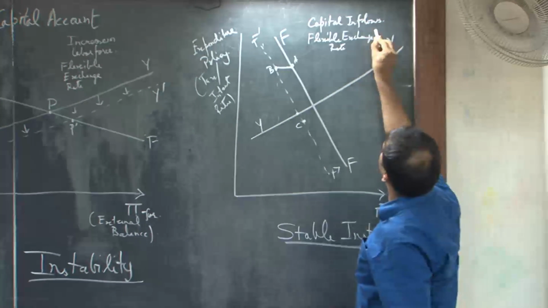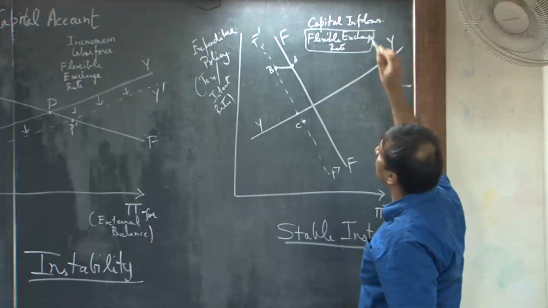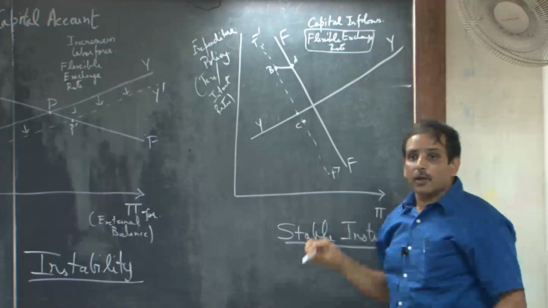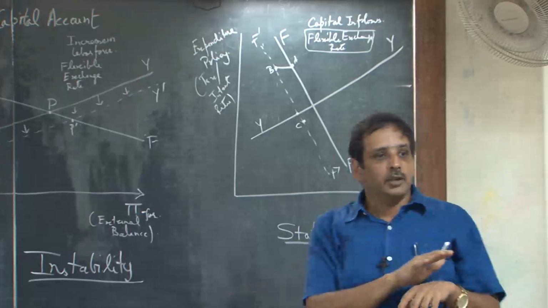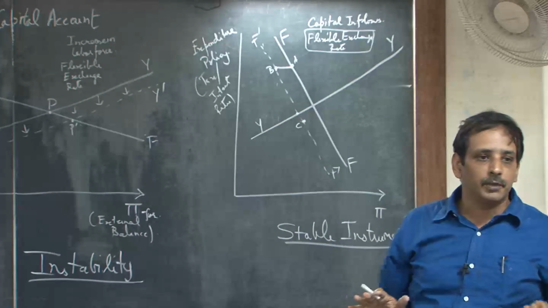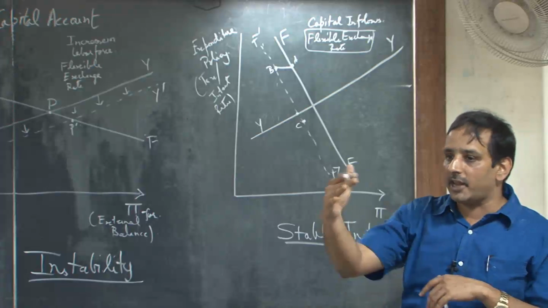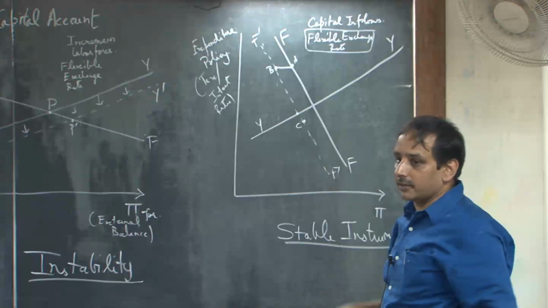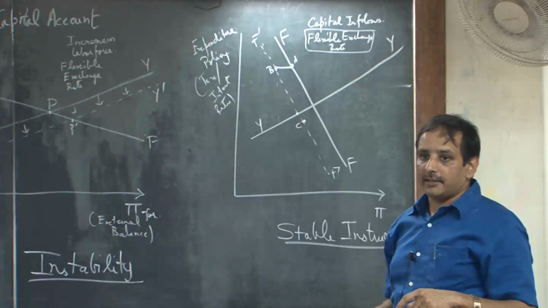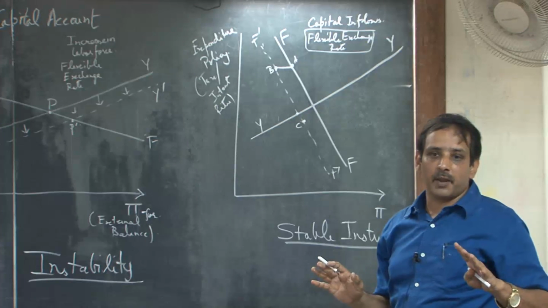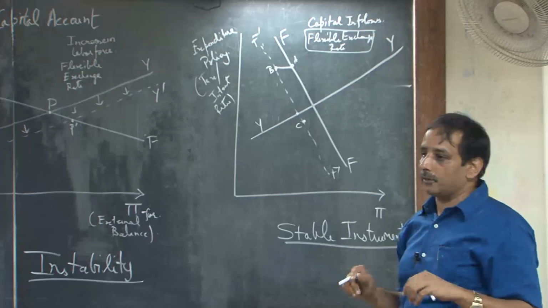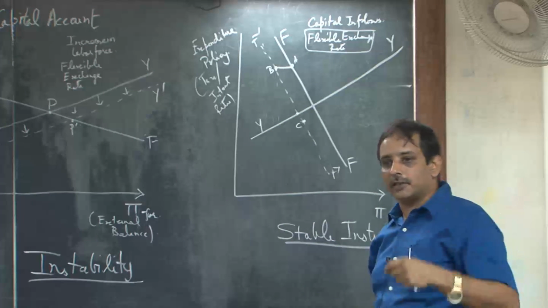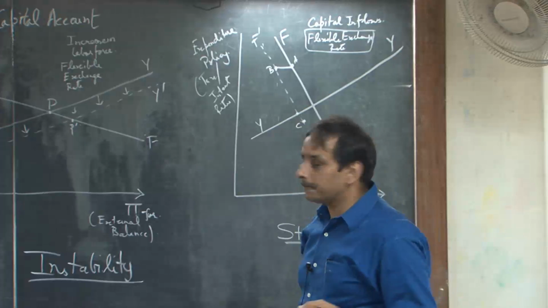Now this is a case of flexible exchange rates. So you cannot be off the FF curve, because in a flexible exchange rate, you will always have a balance of payment equilibrium. And any change in demand and supply will change the exchange rates. And there cannot be any balance of payment deficit or surplus. The changes in exchange rate will curb the deficit, will curb the surplus.